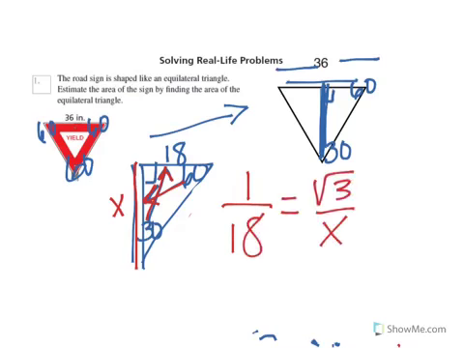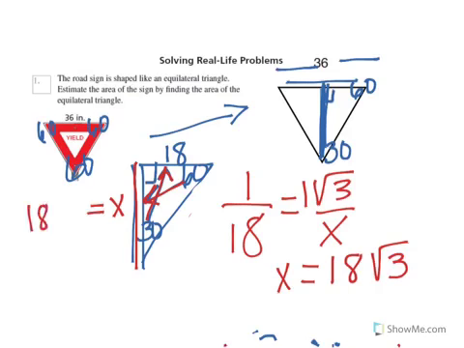So 1 times x is x, and there's that invisible 1 that's in front of that square root of 3. So 18 times 1 would be 18, and then I have the square root of 3. So the one that is directly across from my 60-degree angle, that x right there, would equal 18 square roots of 3.